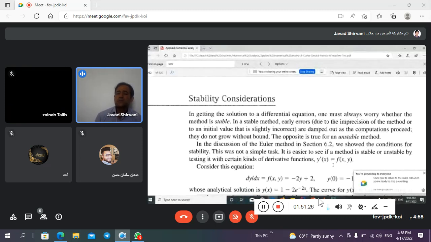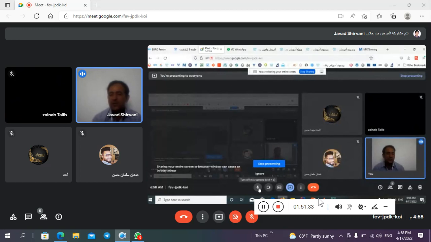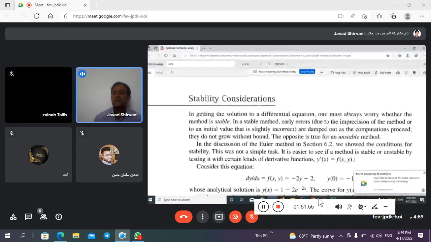Because the errors become bigger and bigger, we no longer can rely on the values of y computed by an unstable algorithm when our iterations are high, or we use thousands of iterations. In this case, the solution is no longer reliable.